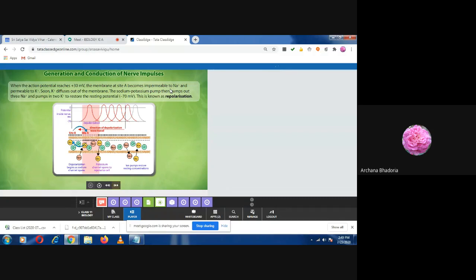And write in bracket minus 70 mV. This is known as repolarization.